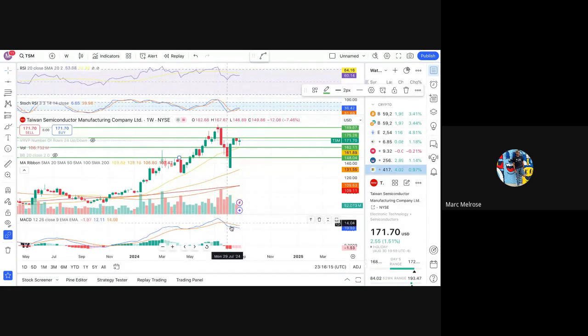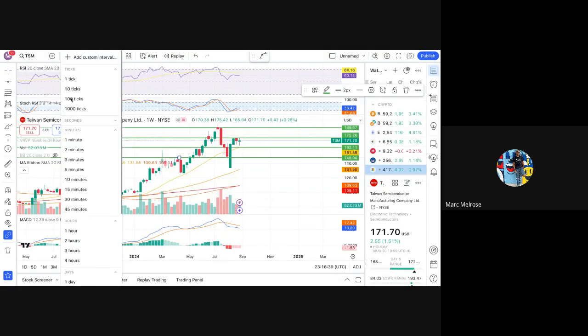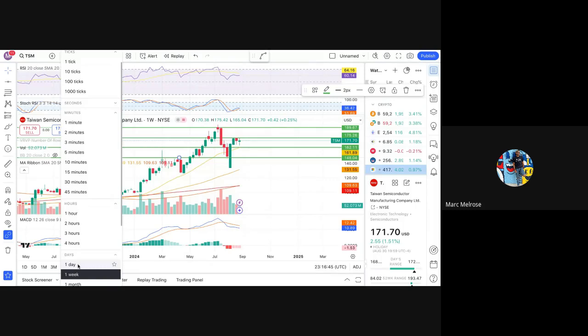Just looking at where the MACD is at and the stochastic RSI level, I will be playing this as if it would be going up, just because while the MACD level is crossed over and it's under there, if we can have that stochastic trend upwards, that could give us the momentum we need to break above this 176 range or 175 range. And let's look at the daily to see what's happening on the daily, so we can kind of determine if we'll see that breakout happen or if it'll trend downwards.